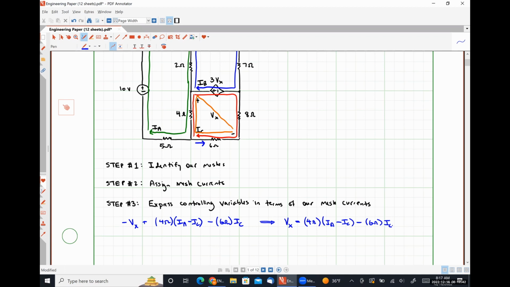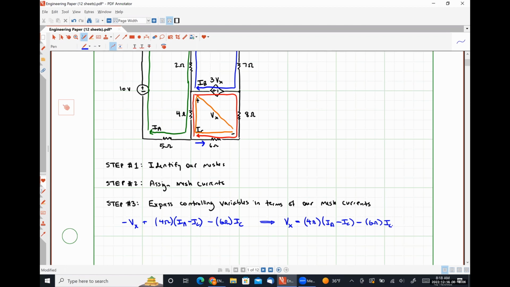That is about as hard as expressing a controlling variable can be in a mesh analysis problem. And you guys knocked it out of the park first try. So that's great. If that didn't make sense, by all means, please let me know, and I would be happy to explain it again. But if everybody is comfortable with it, we can move on to our next step.